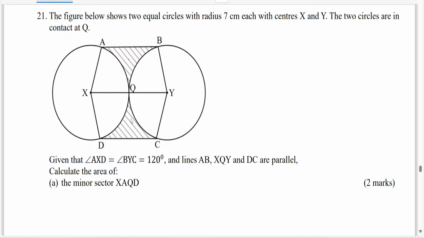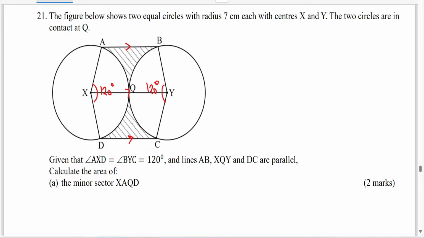So given that angle AXD, which is this one, which is 120, is equal to angle BYC, which is just the same as 120, which makes sense, okay? And lines AB, XQY, and DC are parallel. So lines AB, this one, XQY, which is also this one, they are parallel to each other. So, and also this one.